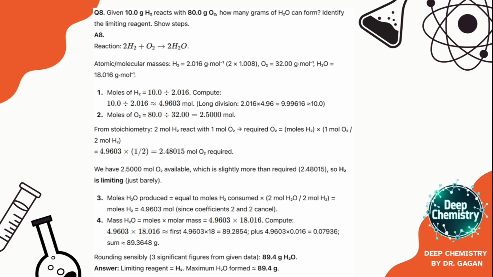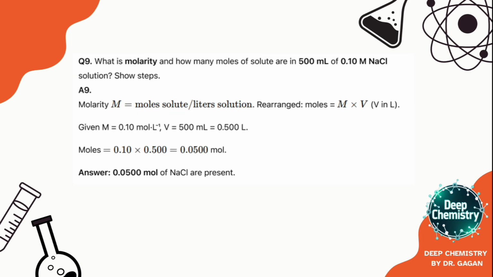Question number 9. What is molarity and how many moles of solute are in 500 mL of 0.10 molar NaCl solution? Molarity is the number of moles of solute per liter of solution. Given molarity equals 0.10 mole per liter and volume equals 500 mL, that is 0.5 liter.